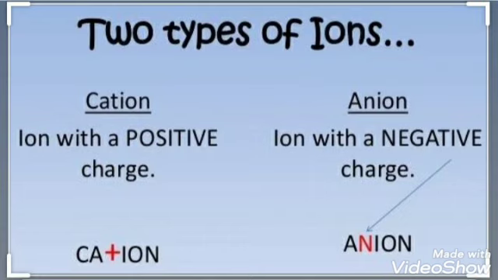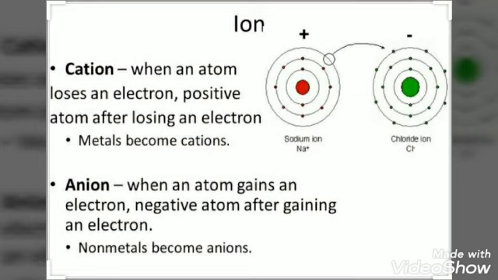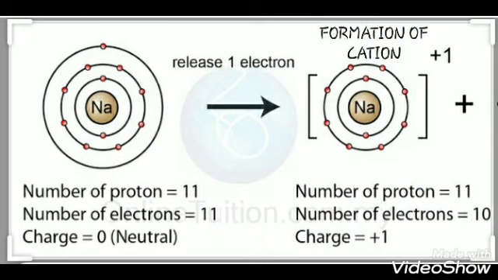There are two types of ions, cations and anions. A positively charged ion is known as a cation, which is formed by the loss of one or more electrons by an atom. For example, a sodium atom loses one electron to form a sodium ion, which is Na+.